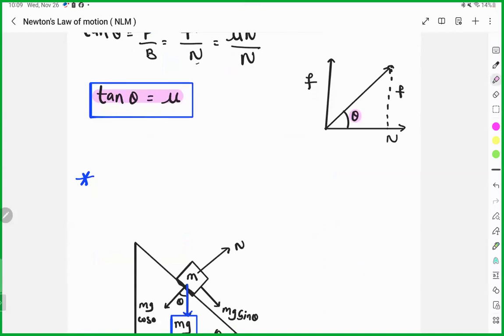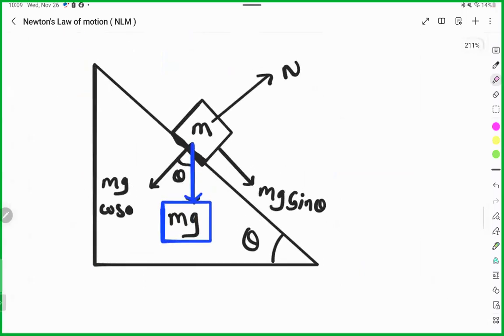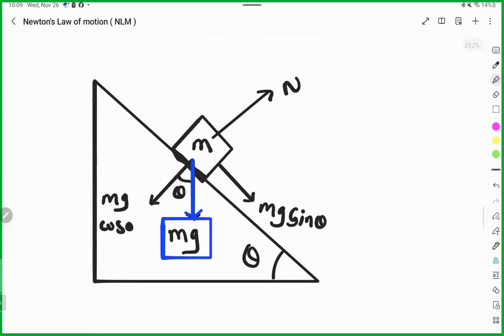Okay. Next, I want to make you understand this situation first, then I'll teach you angle of repose. If you have this sloped surface, the mass is trying to go down, sliding. If this is theta, the same theta will be present here.